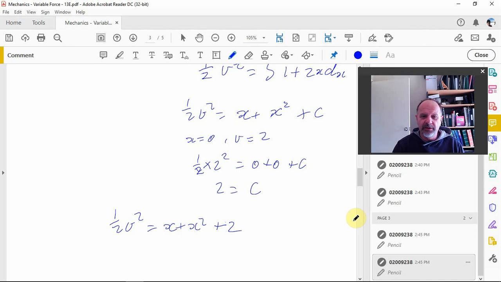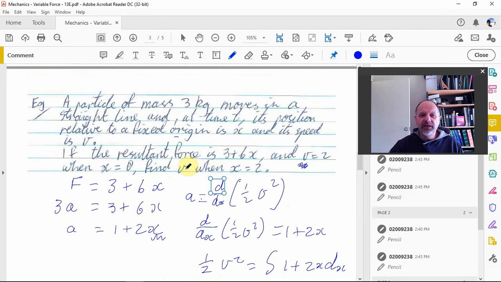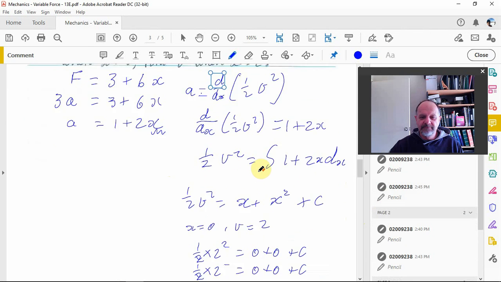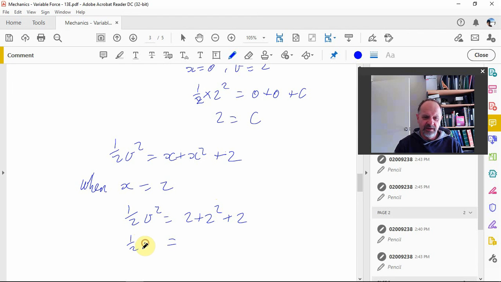Alright, so now let's have a look. Find v when x is equal to 2. Okay, so when x equals 2, a half v squared would be 2 plus 2 squared plus 2, which would be 2 plus 4 plus 2, which is 8.